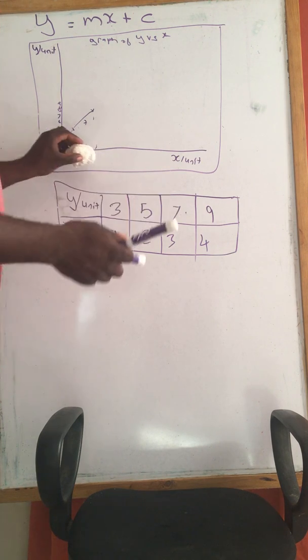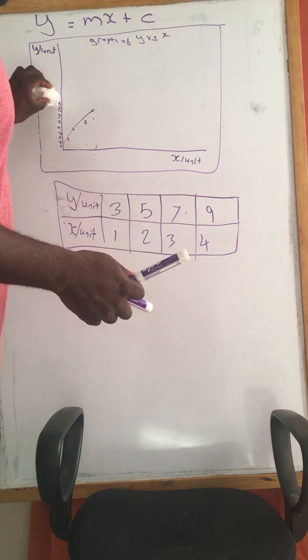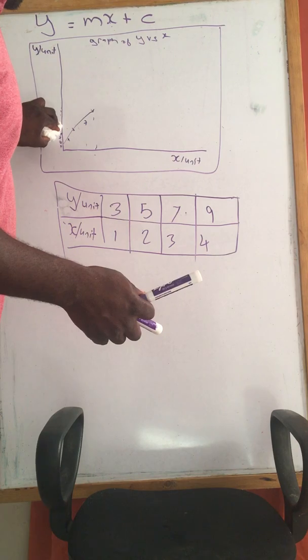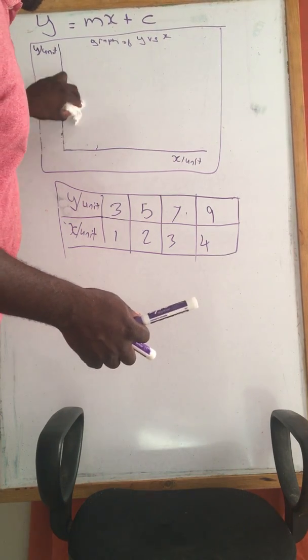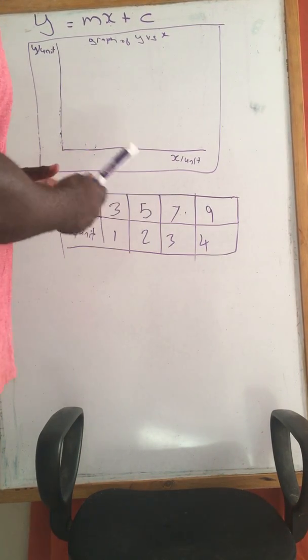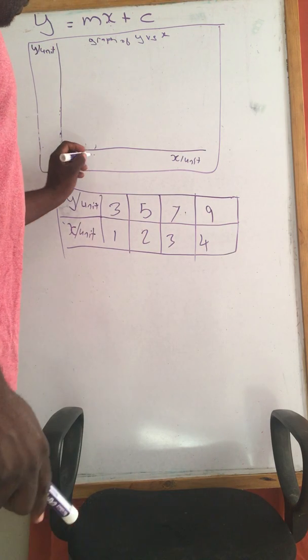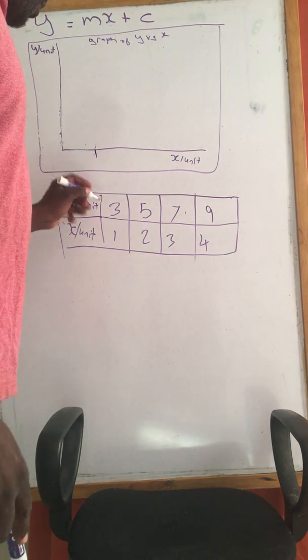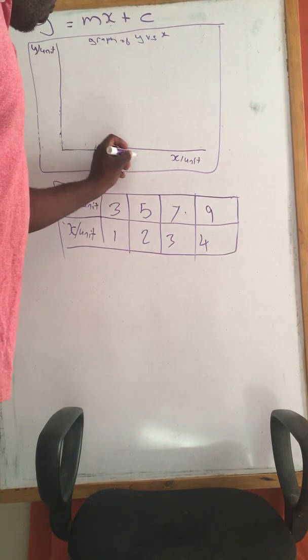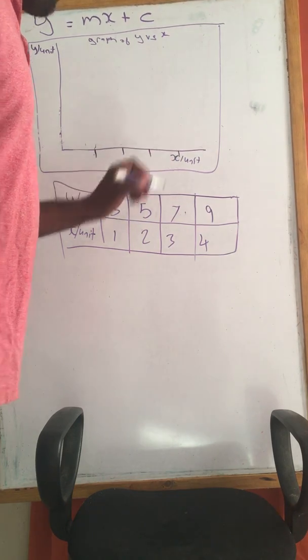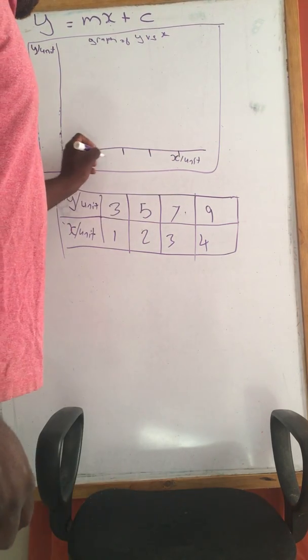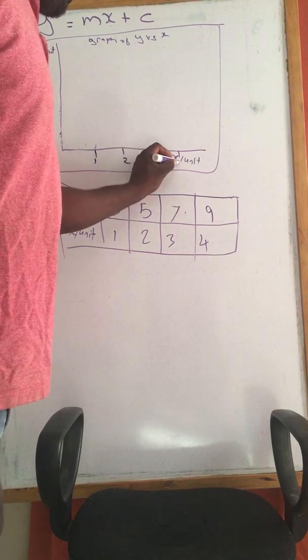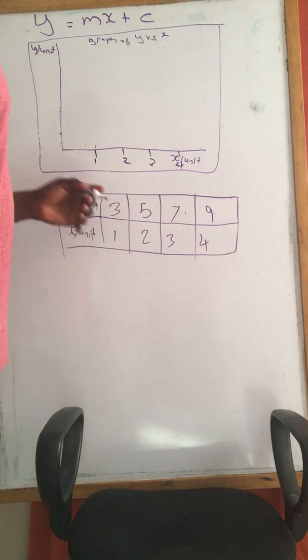So you come up with a good scale that will cover at least 75% of the paper. So you'd say, all right, this will be about 1 because we're having 1, 2, 3, 4. So then this is 1, 2, 3, 4 on our x-axis.